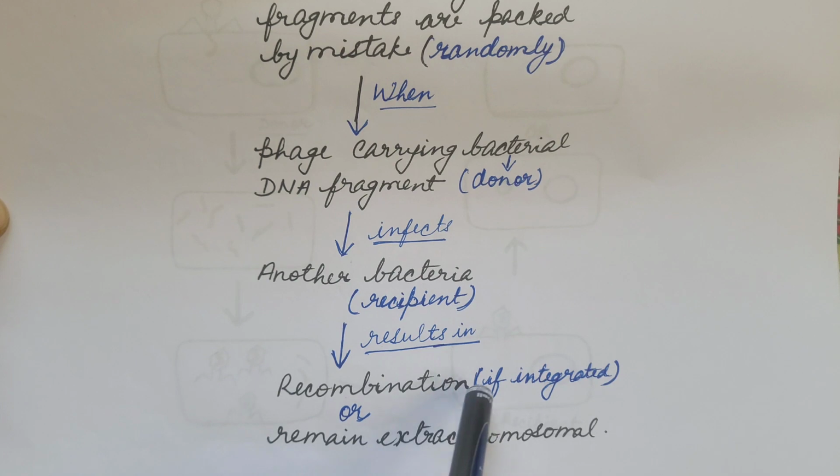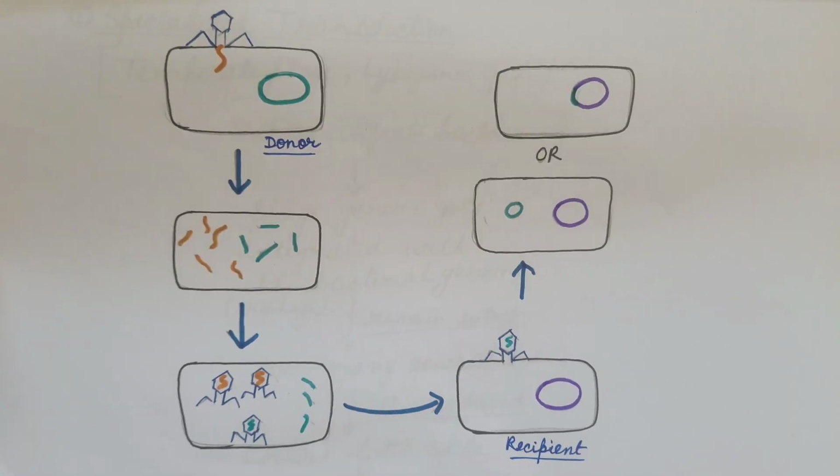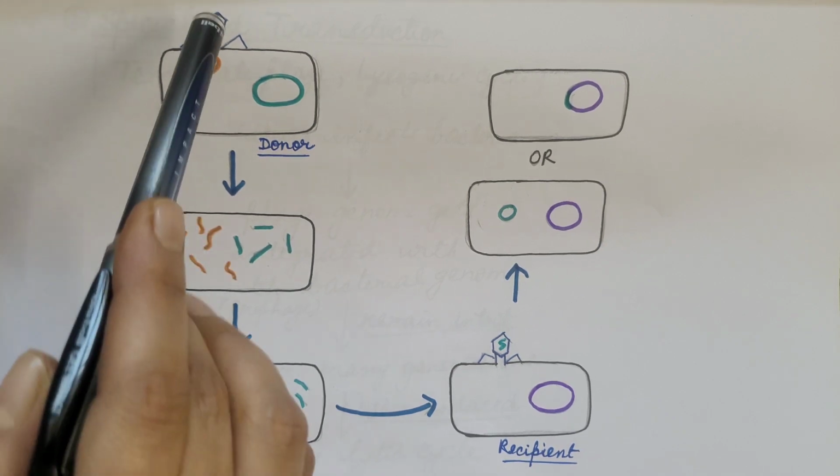Either recombination takes place if it integrates into the bacterial genome, or it can remain extrachromosomal, or certain other fates are also possible. These we will discuss in detail in a later part of this video. So let us see this with the help of a diagram.